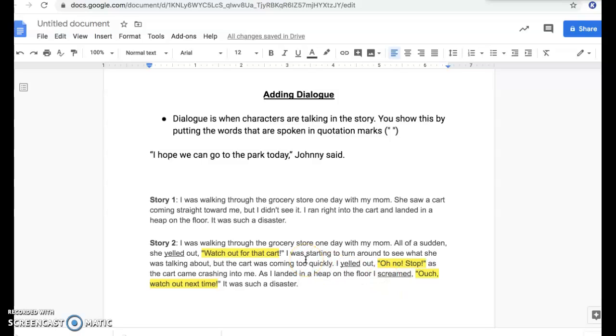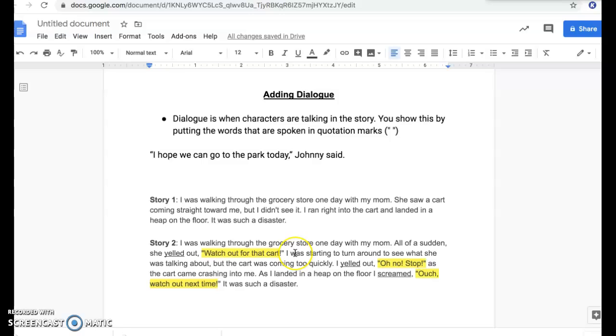So there's two things that we've pointed out. One is adding dialogue can make your story more interesting. It can be a way to show your reader how the characters are feeling in the story. And the second thing is you want to use strong verbs.